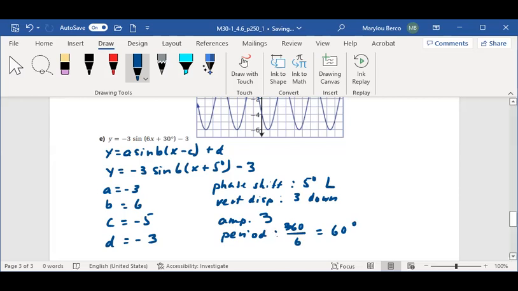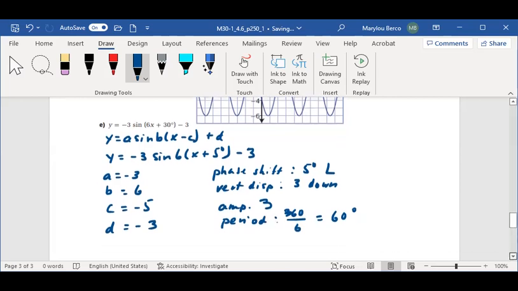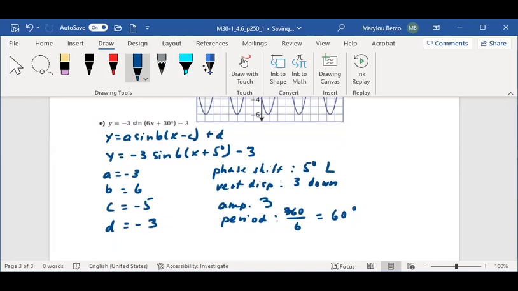And there is no vertical or horizontal stretch. We're going to also reflect the graph in the x-axis because A is negative.